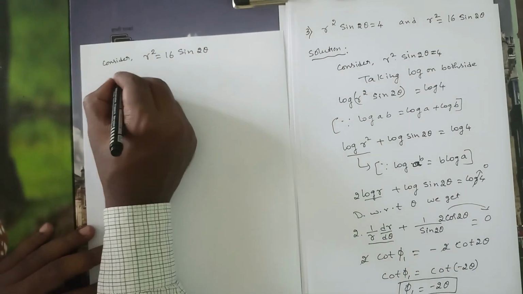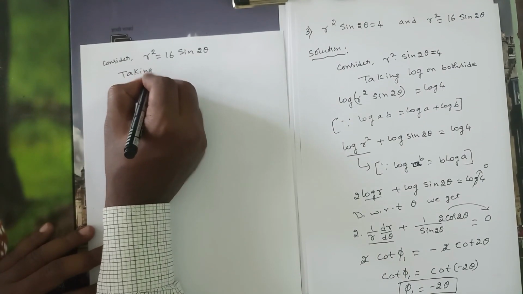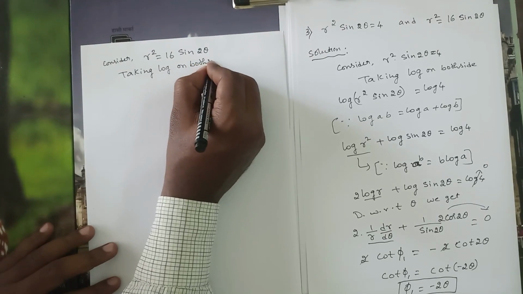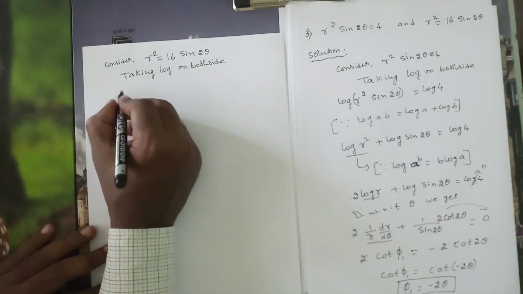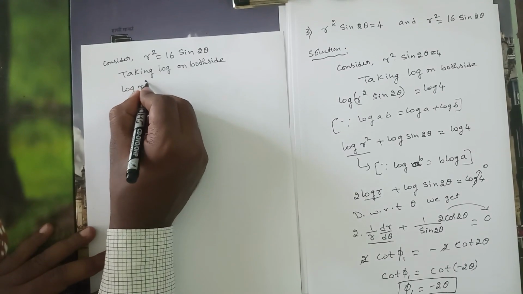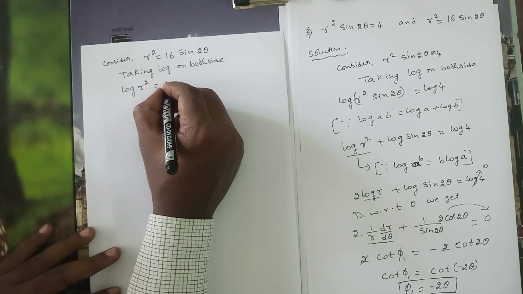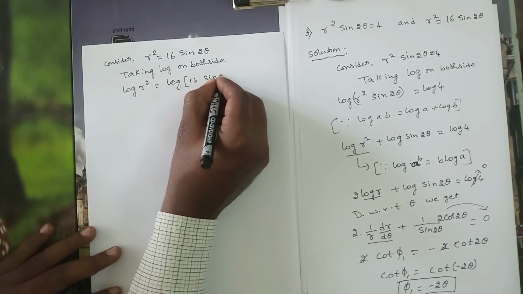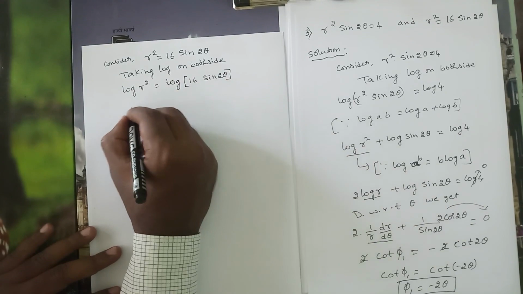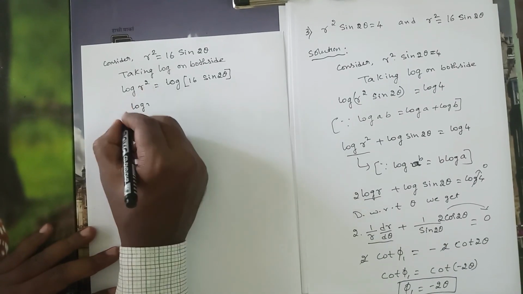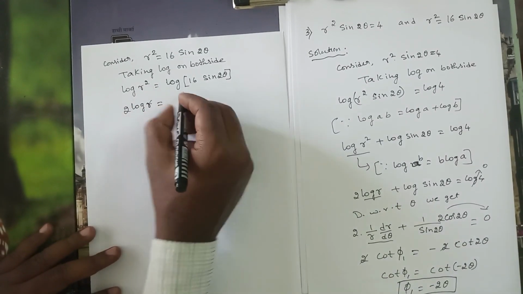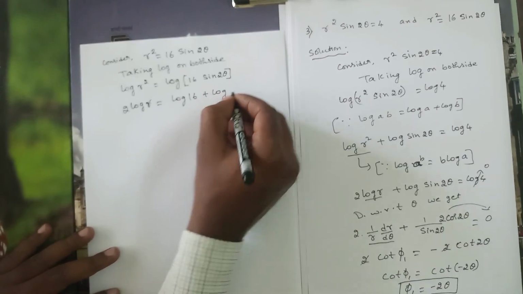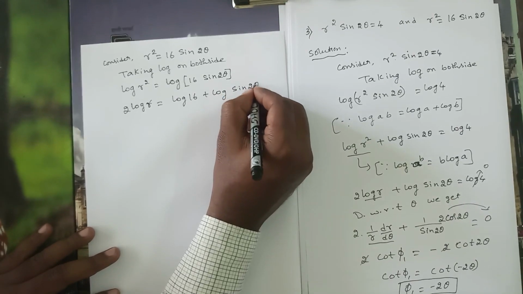Taking log on both sides, we get log r square equals log of 16 into sine 2 theta. This can be written as 2 times log r equals, since log a plus log b, log 16 plus log of sine 2 theta.